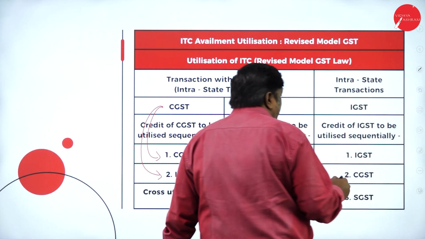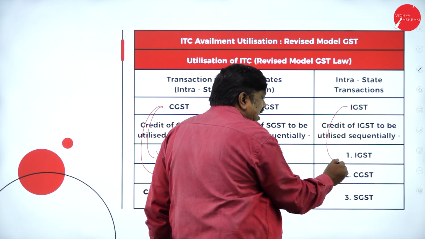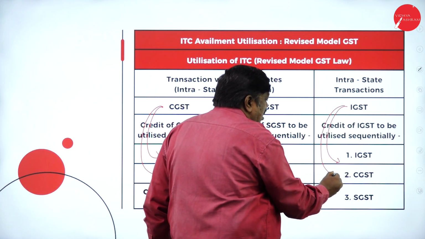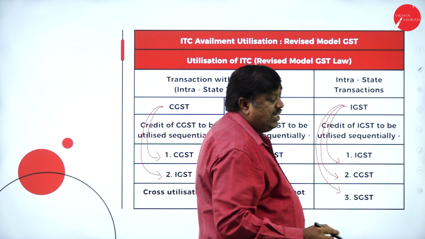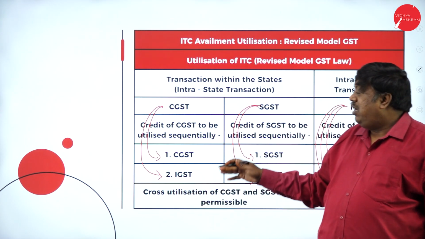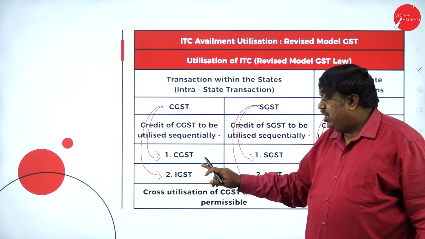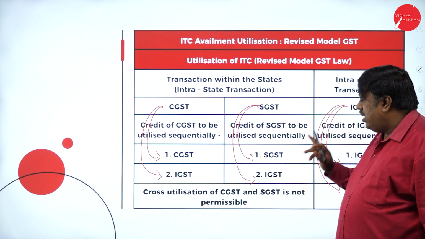Now, IGST, whatever we have here, can be adjusted with the same IGST or CGST or SGST. First is for integrated, second for central, and third for state. Here, first for central, second for integrated. Here, for the state and for integrated.